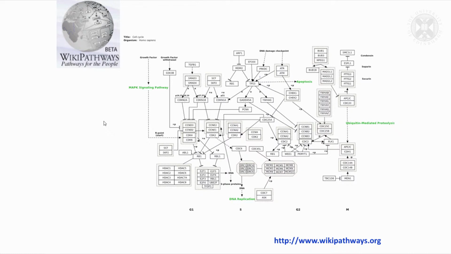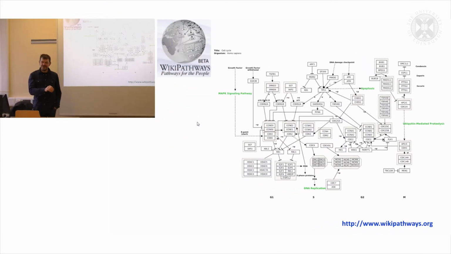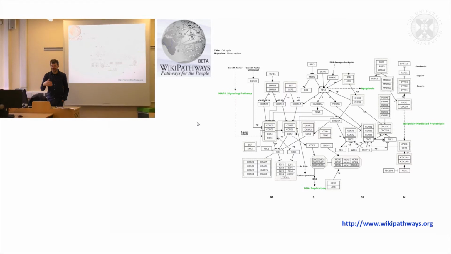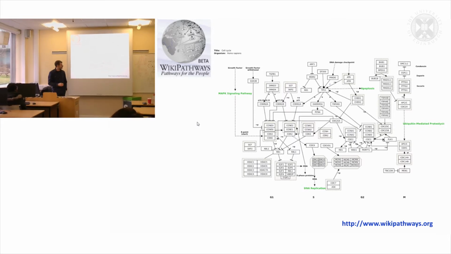So we've heard of Wikipedia. This is an effort to describe pathways on a community-based curation idea. Whilst Wikipedia, we all use it, it's fantastic. It's amazing that it works, isn't it? The idea that anyone can come and edit something and you get something sensible back.